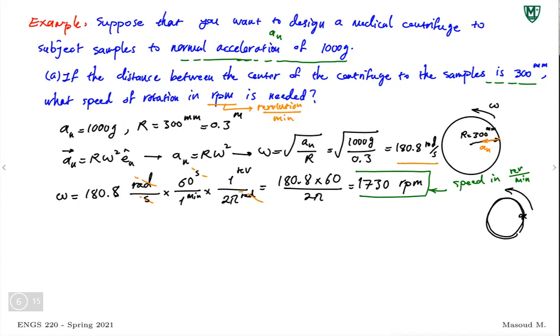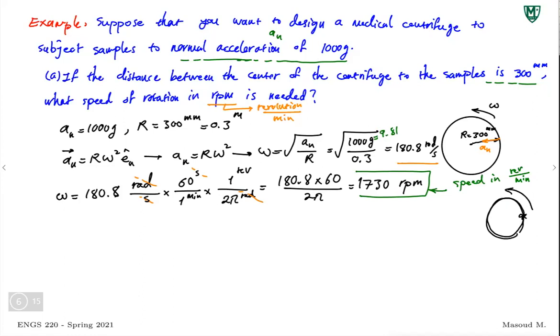Now part B. For omega, you didn't do any conversions for the acceleration or the R, right? It's just 1,000 G divided by 0.3 and then the square root of that, with G being 9.81.